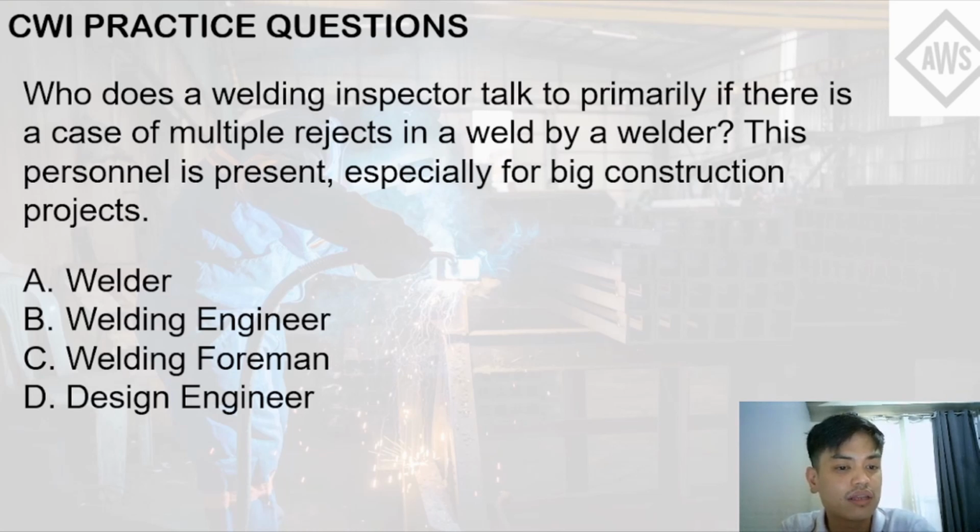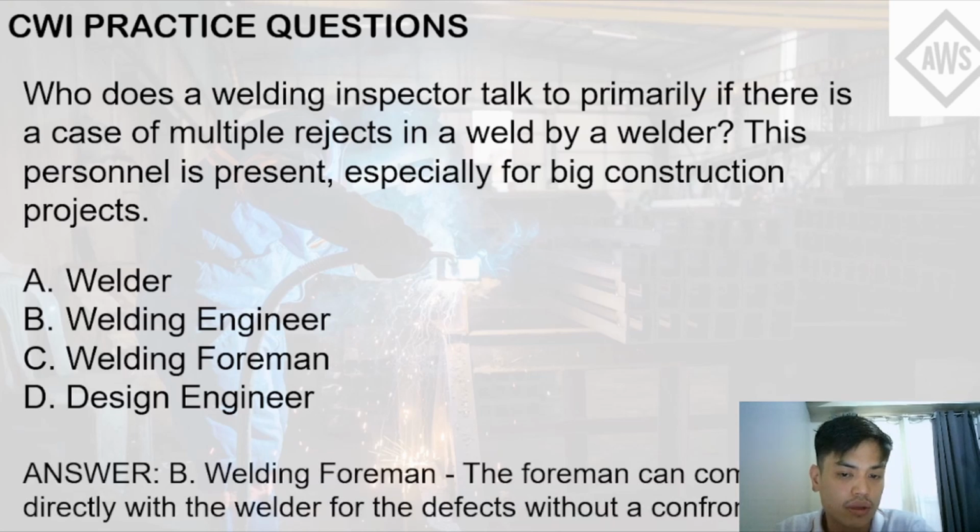Letter D, the design engineer, is responsible for creating the specification or the drawing that is referenced by the welder in building the structures or components. So the answer here is the welding foreman. The foreman can communicate directly with the welder about the defects without a confrontation.